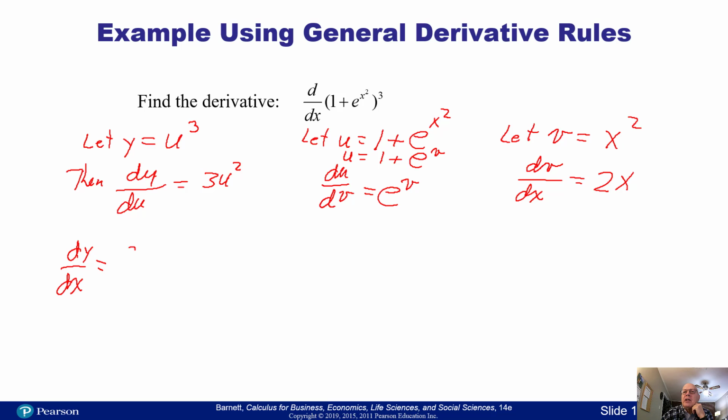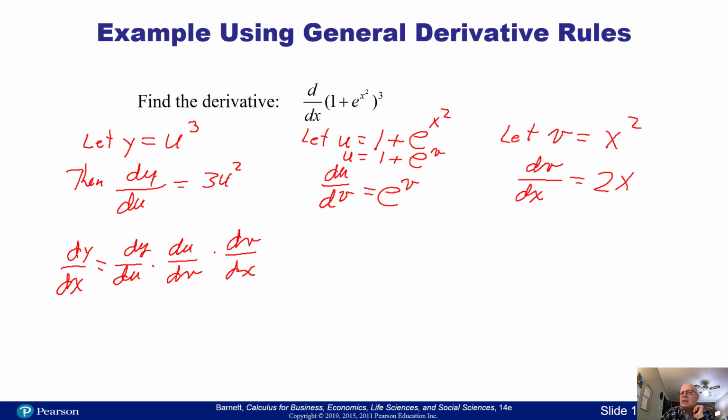We have dy/du, and we have du/dv, and also dv/dx. Notice these du's are going to sort of cancel out. Do you see what that's going to give us? The du's cancel, the dv's cancel. We actually do get the dy/dx.